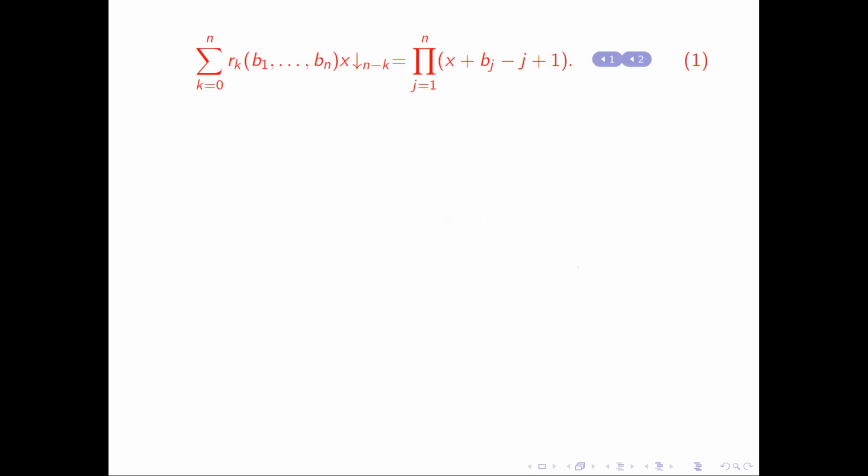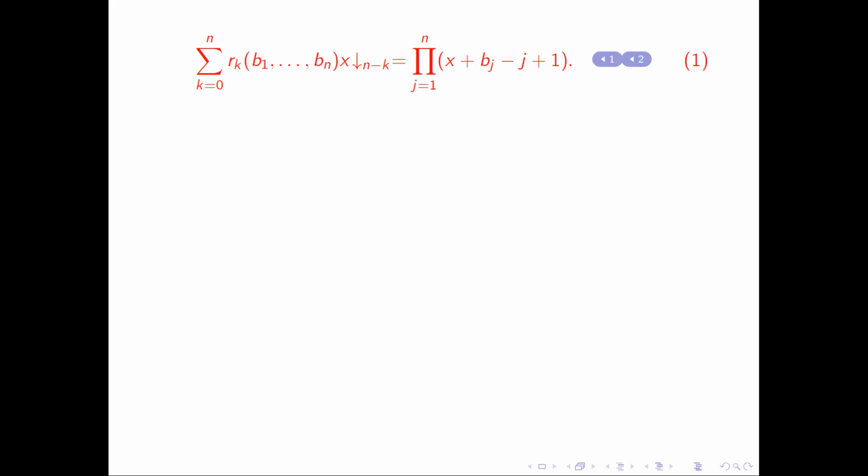Remember, B1 through Bn, written in vector form, is a Ferrers board, a weakly increasing partition, written so that the elements weakly increase as you move from left to right, from B1 through Bn.